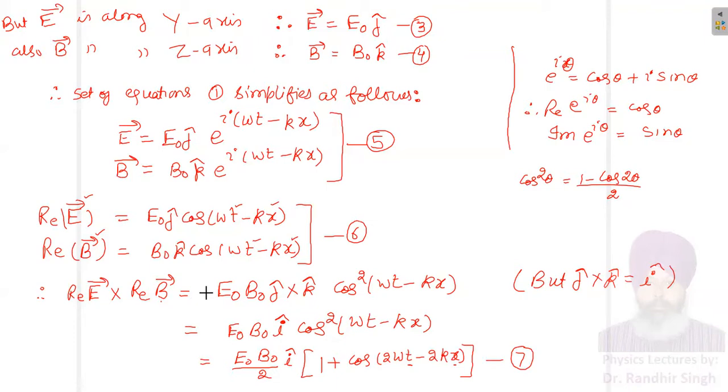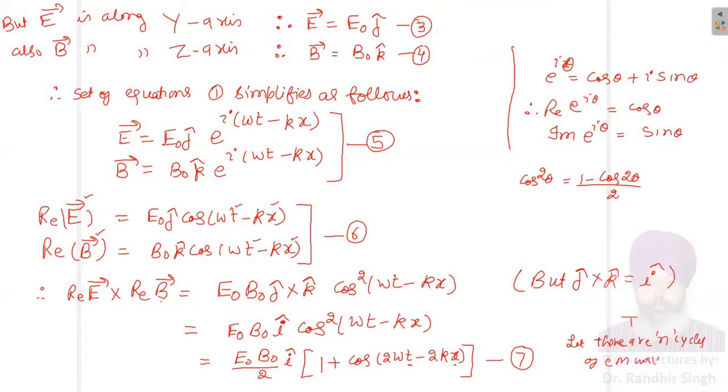Now over a large period of time, you know that the time period I have denoted by capital T. Let there be n cycles of electromagnetic waves.